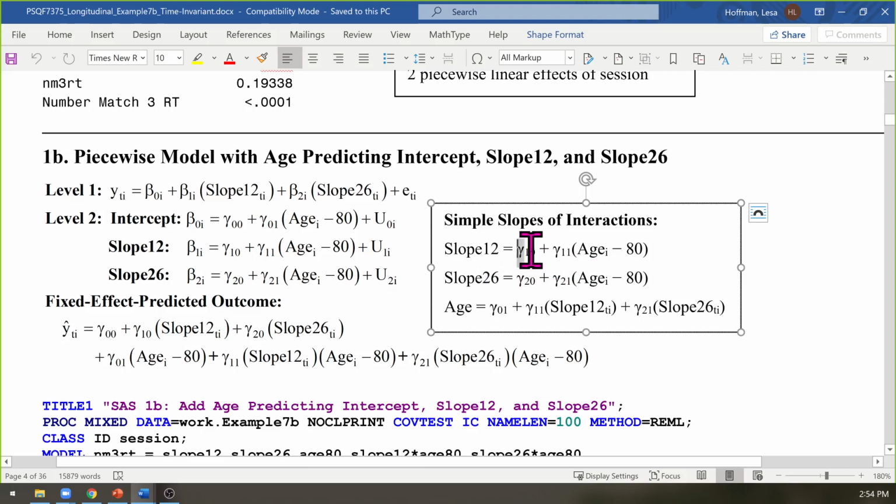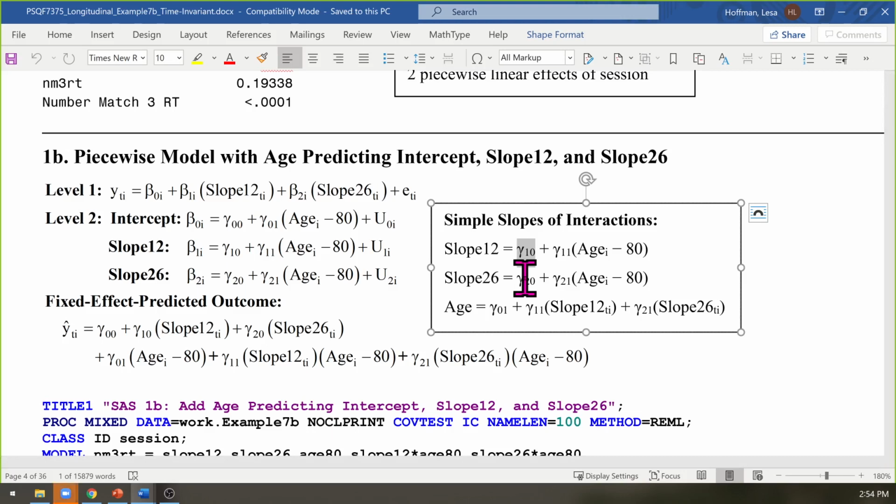So I have gamma 1, 0 as the main effect of slope 1, 2. And that is going to become conditional. So given that age interacts with slope 1, 2, this main effect right here, gamma 1, 0, is going to be specific to what kind of person?